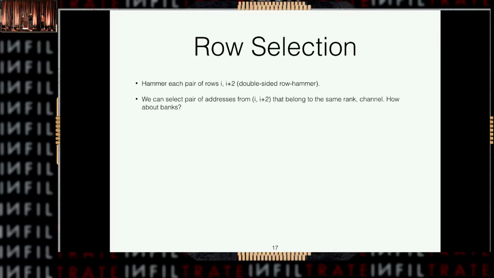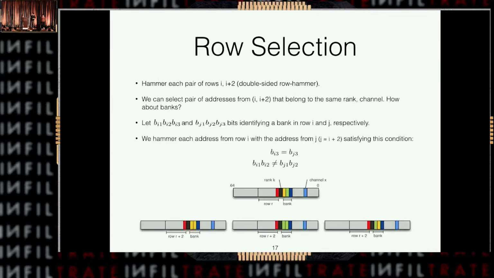To illustrate that, let BI1 to BI3 be the bits identifying a bank in row I, and BG1 to BG3 the bits identifying a bank in row G. Now, if we pick an address from row I, we know that it will share the same LSB row bit in row G, because G is equal to I plus 2, and this arithmetic operation preserves the LSB row bit. This bit is represented with the red box in this figure.